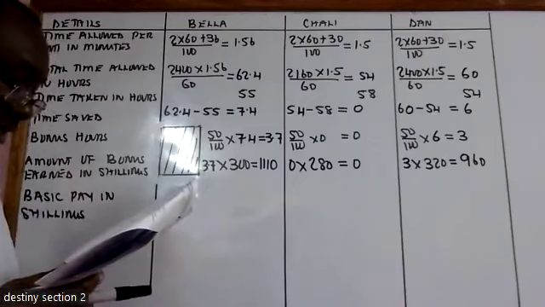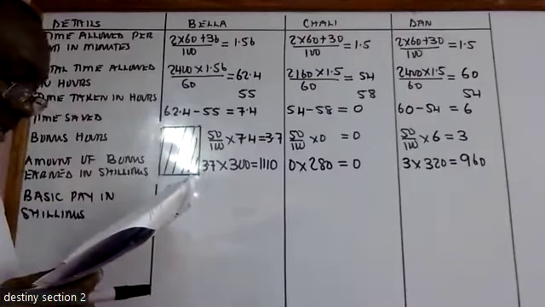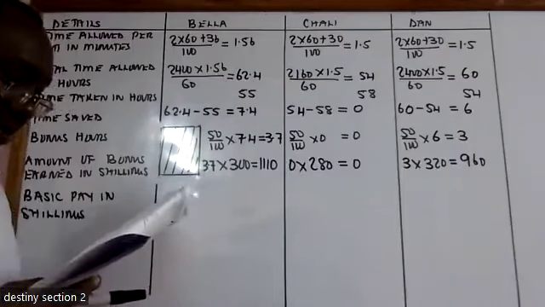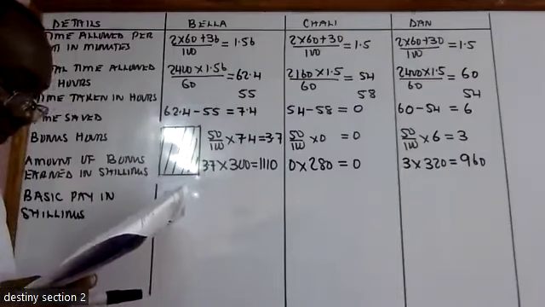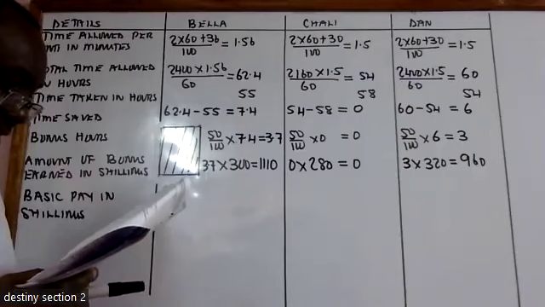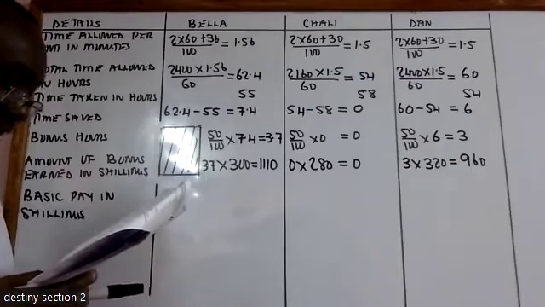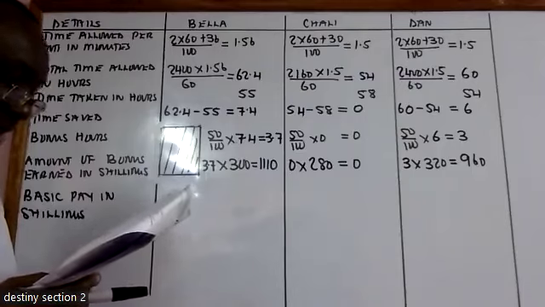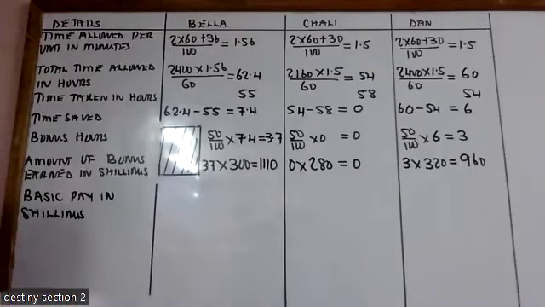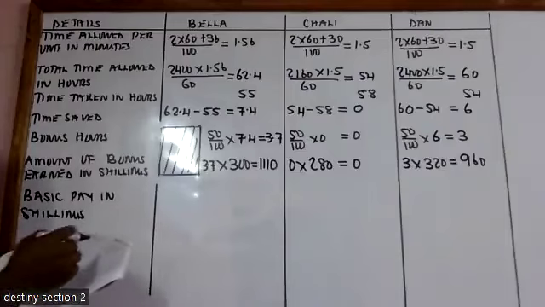We are told that he's paid a guaranteed basic hourly minimum rate of pay. So that rate is guaranteed, and no payment is made beyond the time that is allowed. So we are going to take the time allowed times the basic.